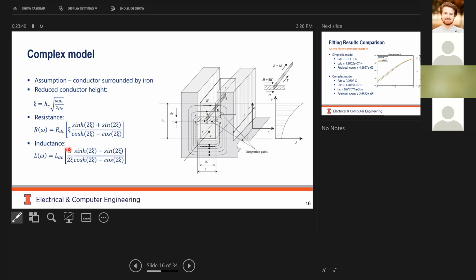Okay, and the inductance will also be dependent on this reduced conductor height, and the reduced conductor height is dependent on the skin depth, which is again dependent on the frequency. So these circuit parameters are eventually frequency dependent.